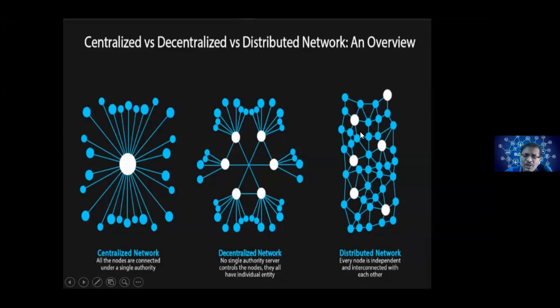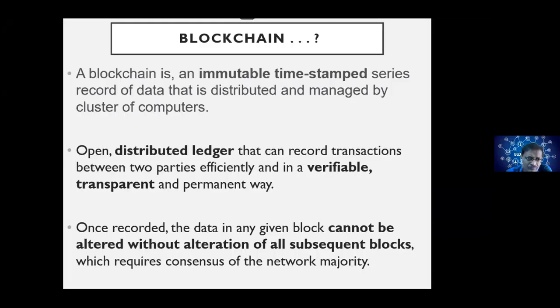A node in a Bitcoin blockchain or any other blockchain is one which can communicate with the blockchain, which can transact with the blockchain. We call it a node, and a node can be any device which can transact with the blockchain. So this is a definition of blockchain. It's like blockchain is an immutable time-stamped series.